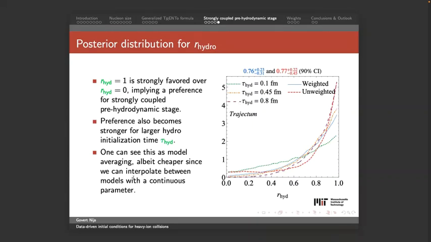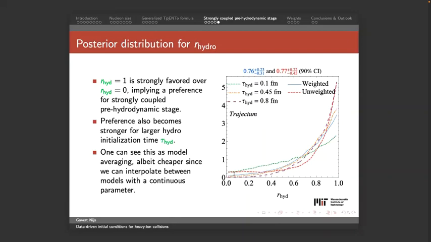I just included this last bullet point yesterday because I thought of Uli's comment earlier, that you can see this as model averaging where you compare 2 different models. But I would also like to say that this is in some sense a cheaper way to do this, because what you could in principle also have done, like, I don't even know how to interpret these values in the middle.